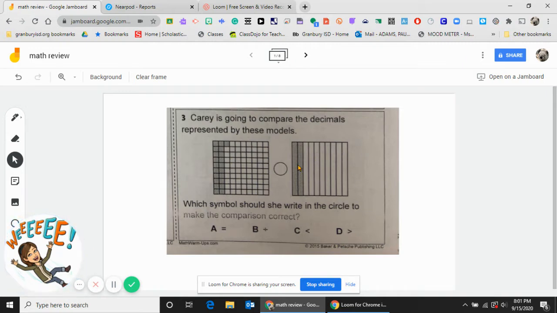And I've got another model broken into tens, so that's going to be my tenths. Which symbol should she write in the circle to make it correct? We're going to pause the video and let you look at that. All right, let's check your answer.